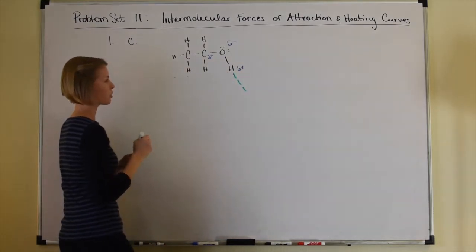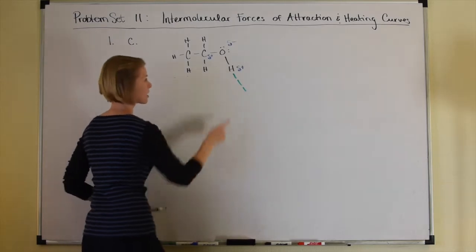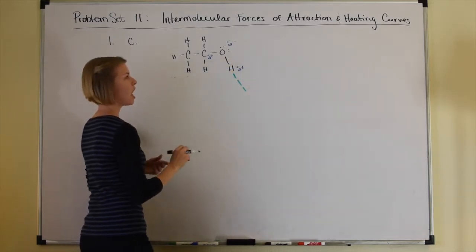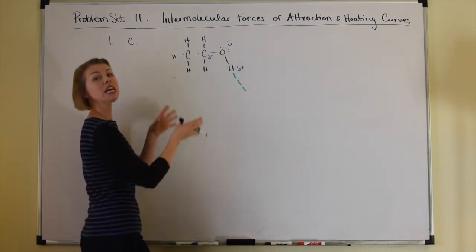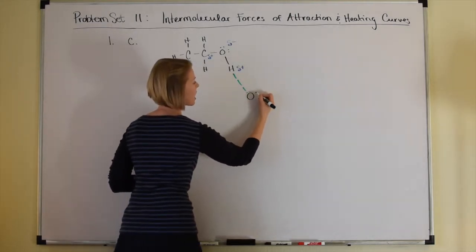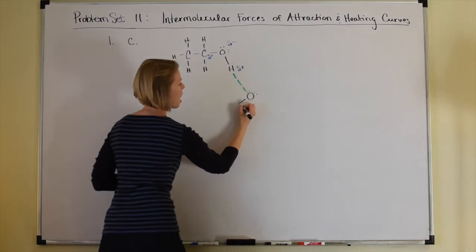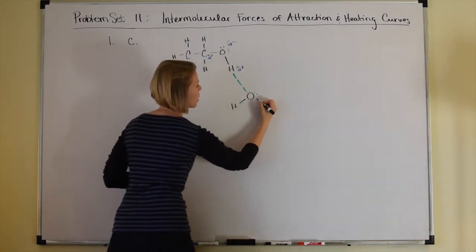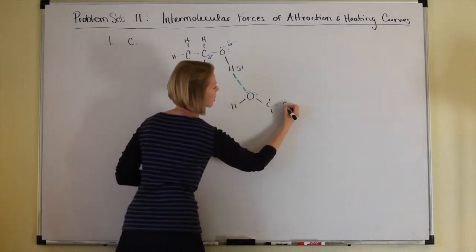So then the partial positively charged hydrogen of one ethanol molecule is going to be strongly attracting the partial negative oxygen of another ethanol molecule.